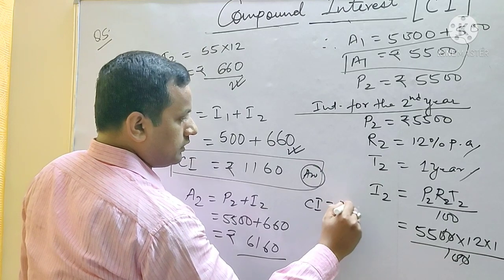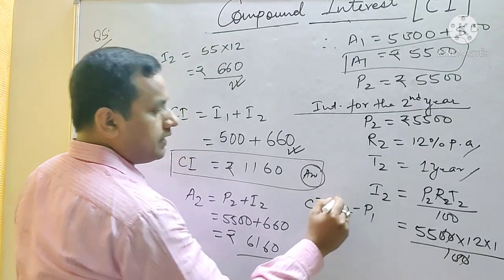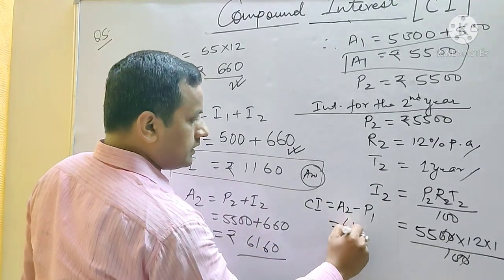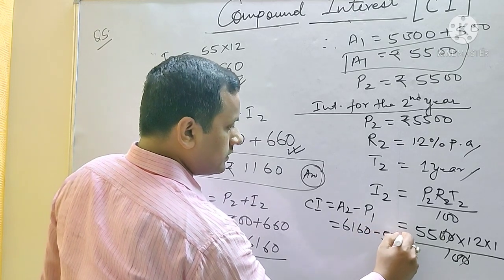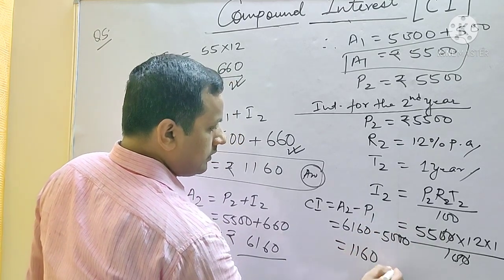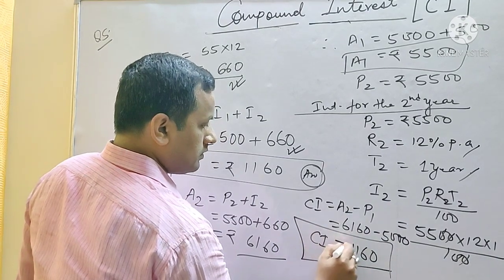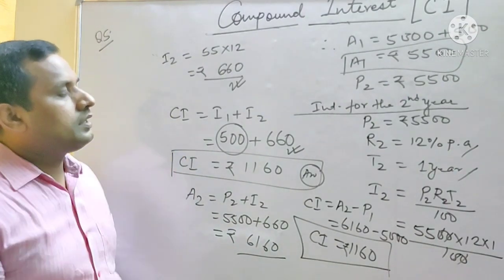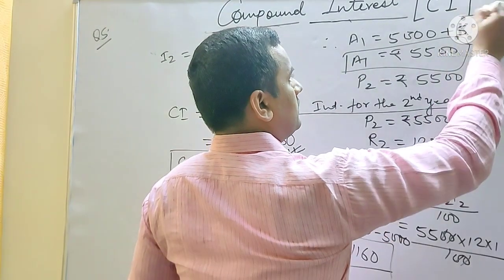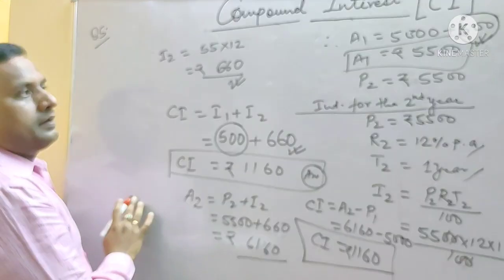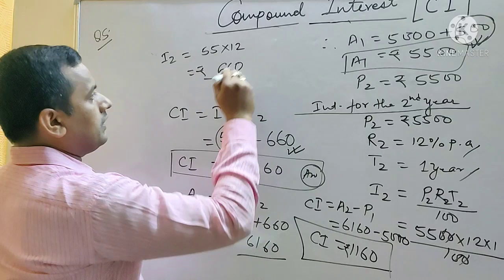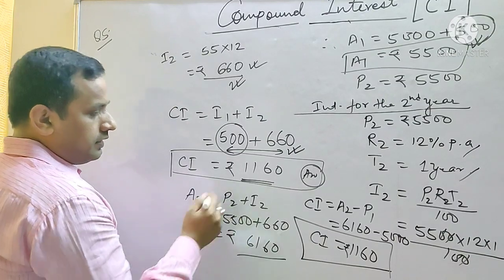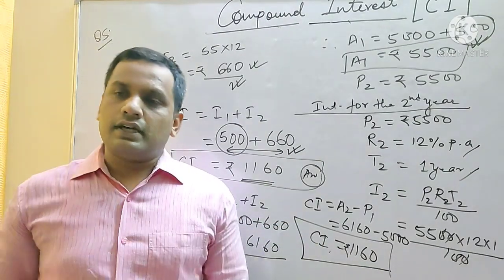Therefore, CI equal to A2 minus P1, that is final amount minus original principal, 6160 minus 5000. You will get the same result, CI equal to 1160. This is the other alternative method, using which we can get this answer.